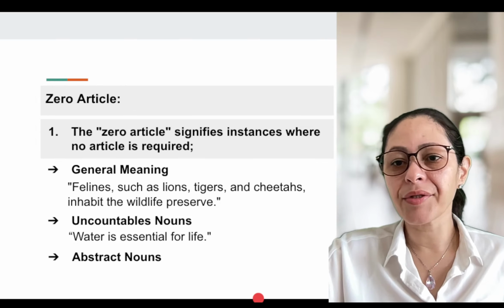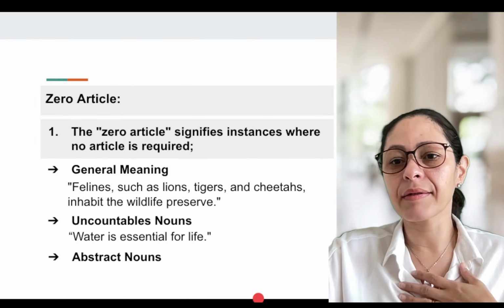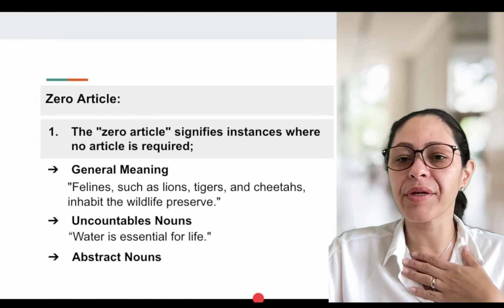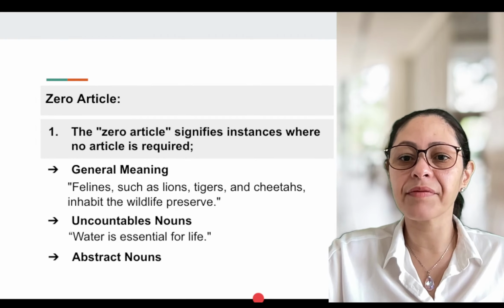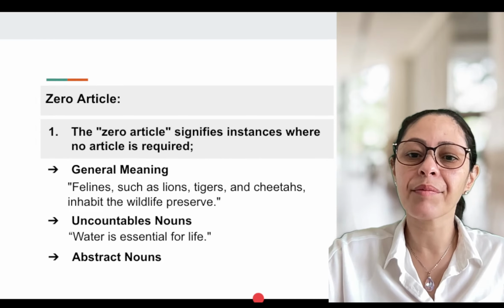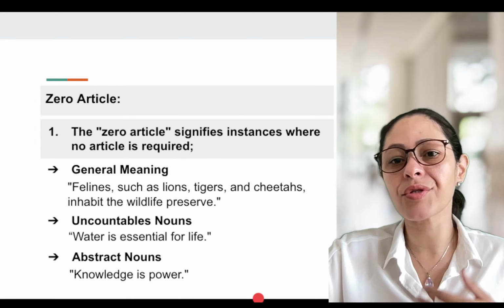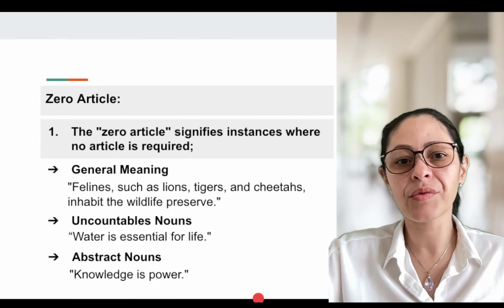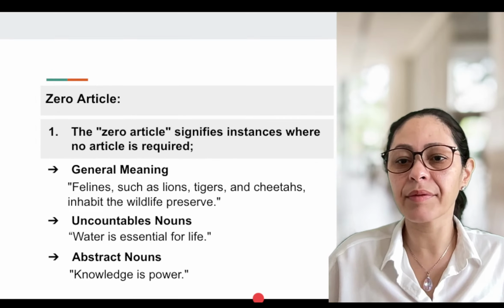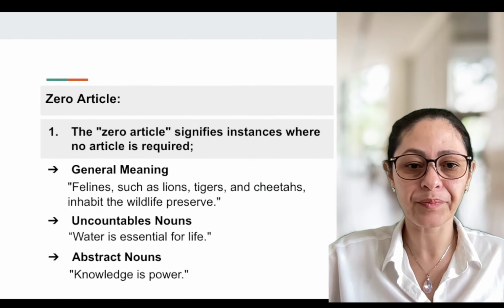Finally, when we are talking about abstract nouns, nouns that express our feelings, our beliefs, there is no article before it. Let's take a look here. Knowledge is powerful. There is no article before knowledge.